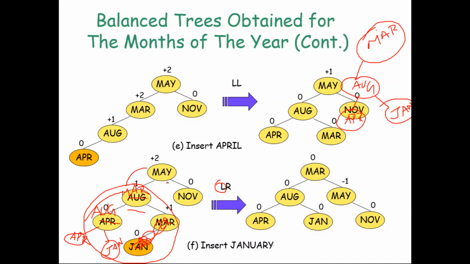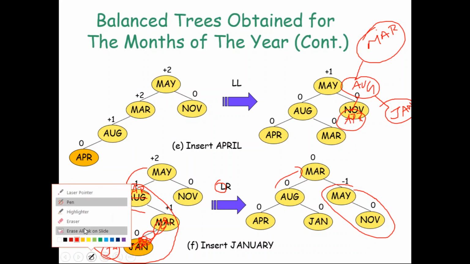March will just come to the top and this will go down. So this is the resultant tree. November is the left child of May. Now March will come to the top, and May will be its right child, and November is the left child of May, and August, April, Jan are as they are here.